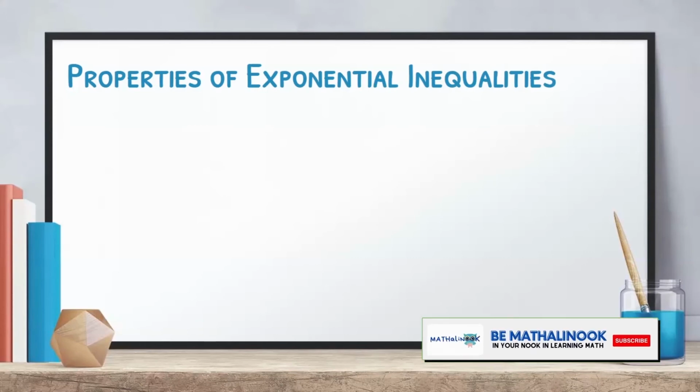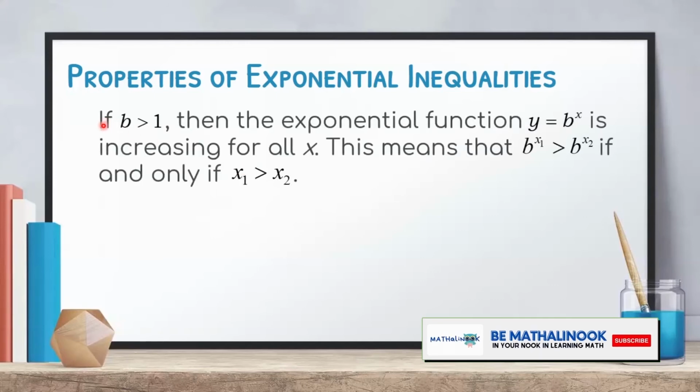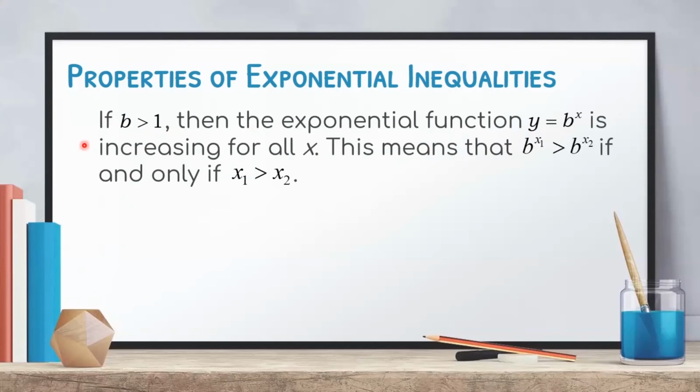In solving exponential inequality, remember these properties. If b is greater than 1, then the exponential function y equals b raised to x is increasing for all x. This means that b raised to x sub 1 is greater than b raised to x sub 2 if and only if x sub 1 is greater than x sub 2.